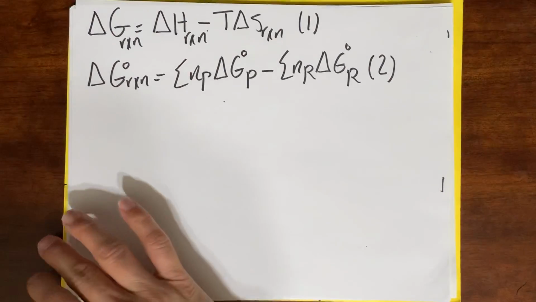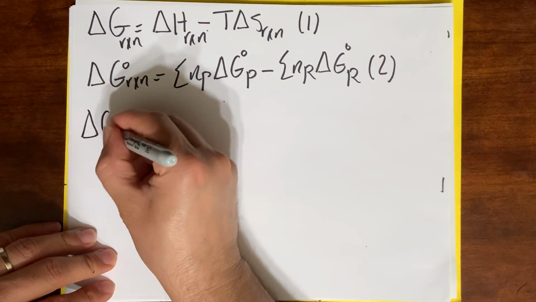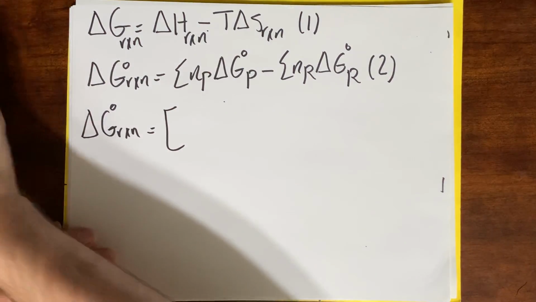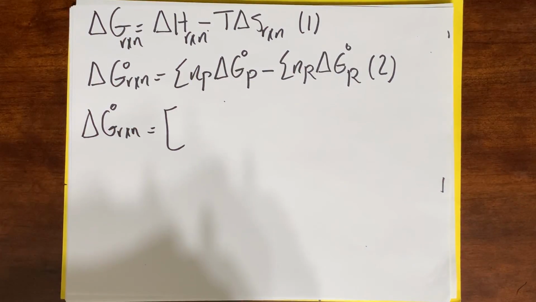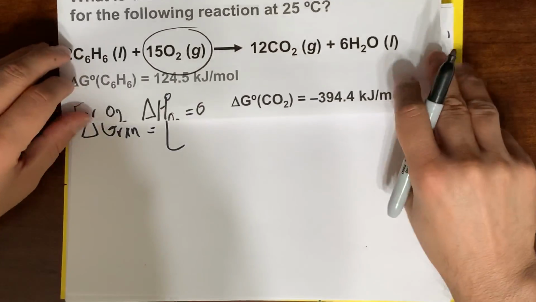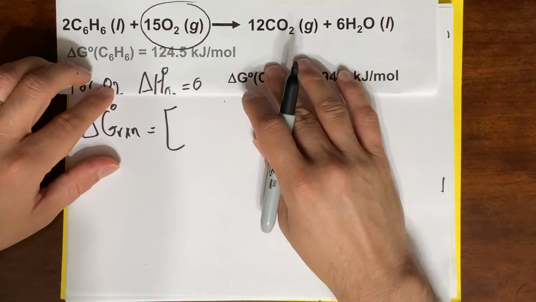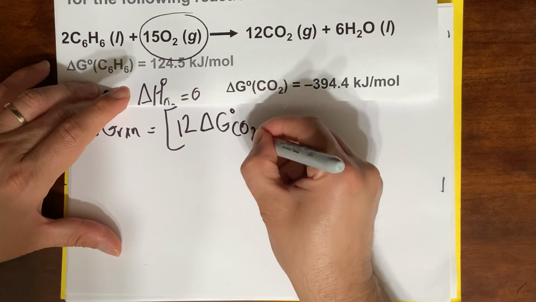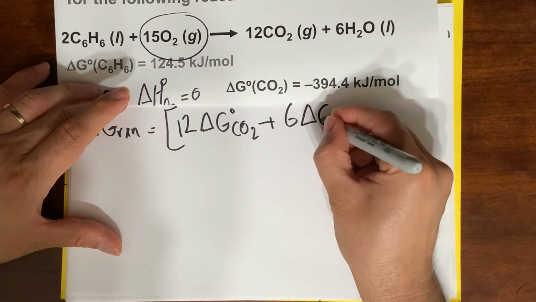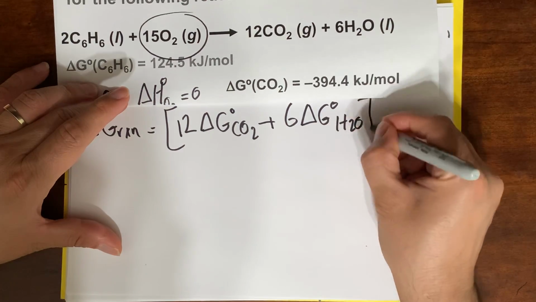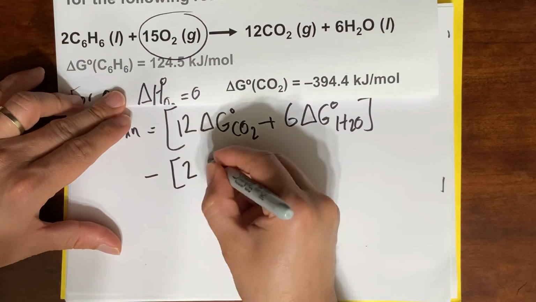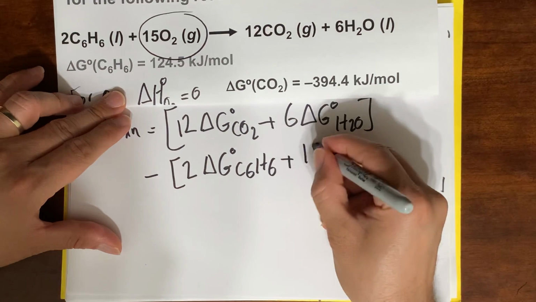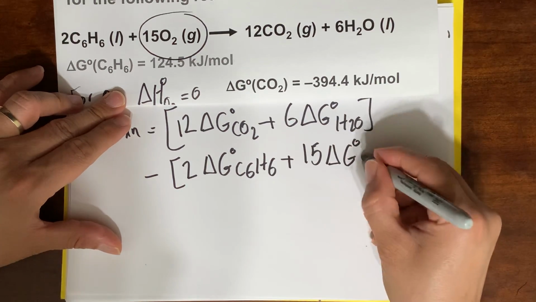So I go delta G of the reaction. It's going to be 12 multiplied delta G of CO2 plus 6 multiplied delta G of H2O minus 2 multiplied delta G of C6H6 plus 15 multiplied delta G of O2.